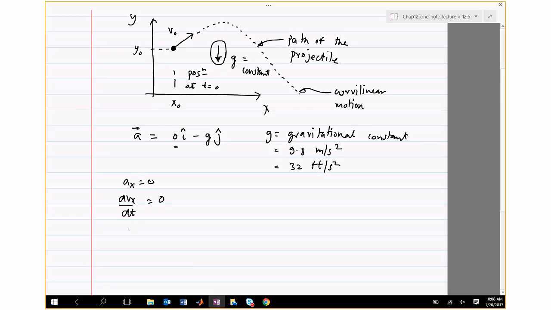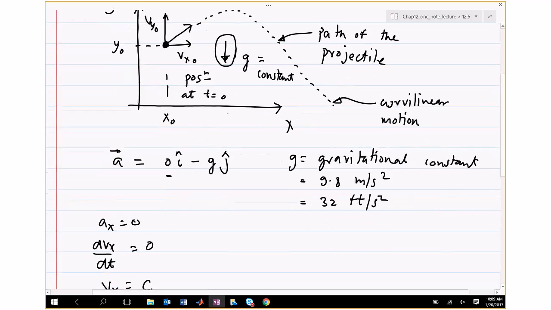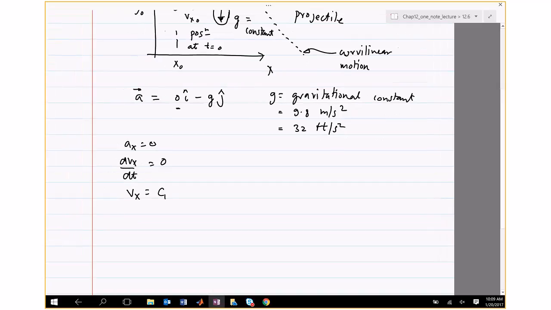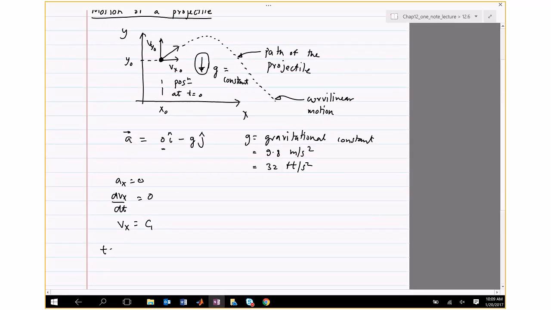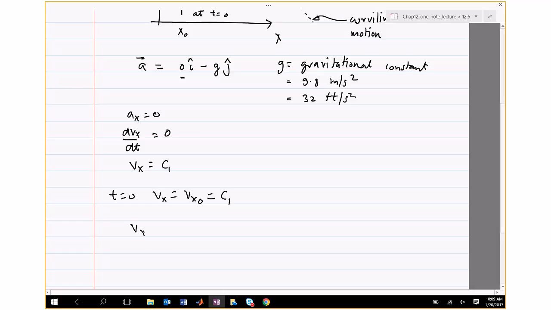Integrating this gives vx is a constant, c1. At t equals 0, vx is equal to vx0, so that is equal to c1. So vx is equal to vx0.